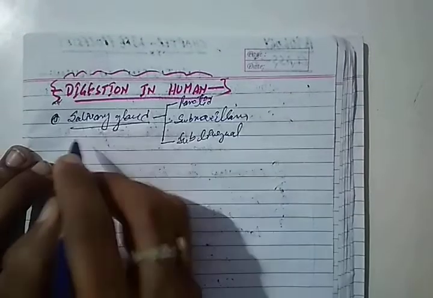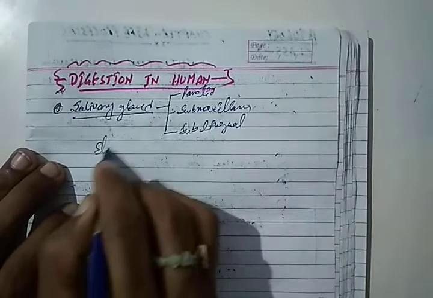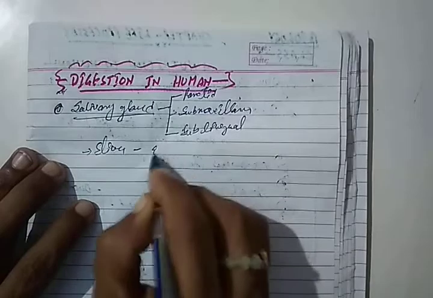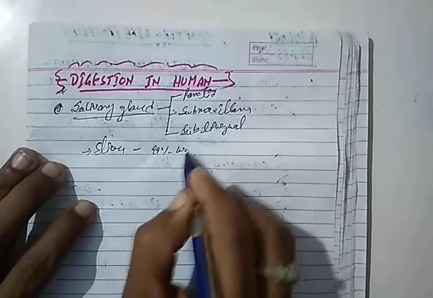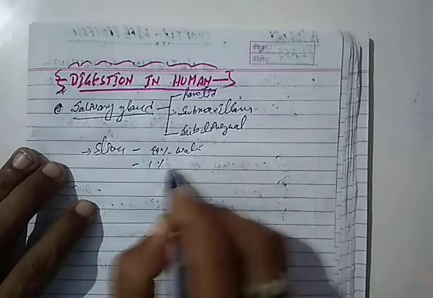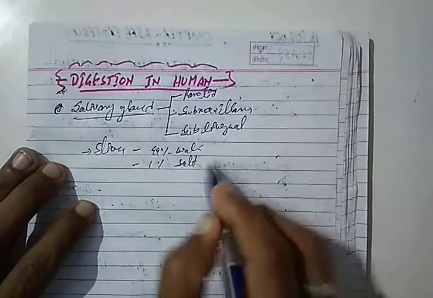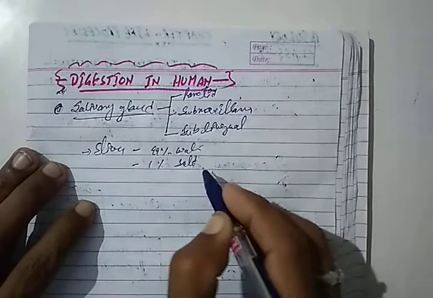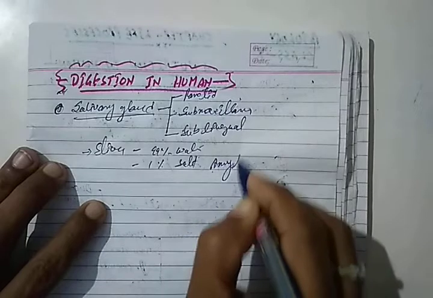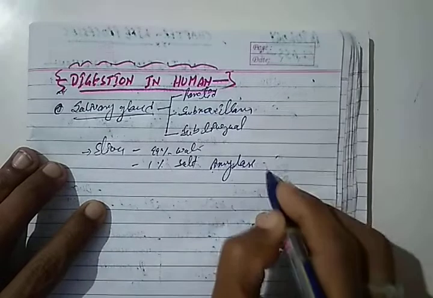They continuously secrete saliva, which is basically 99% water and about 1% salts, and an enzyme that is called amylase. It is also known as ptyalin.